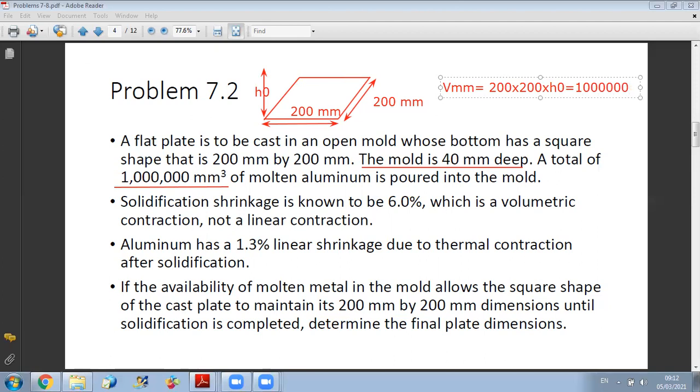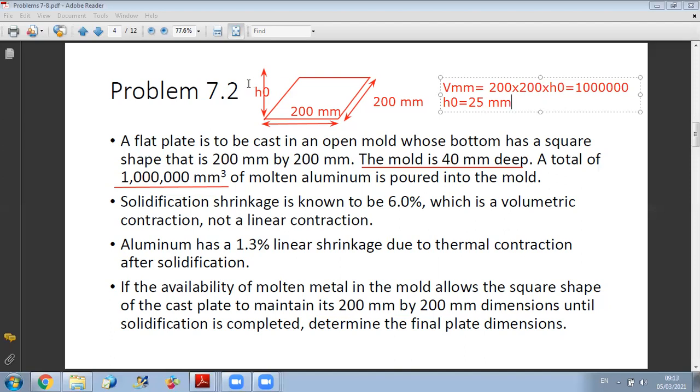From this equation, you can deduce that H0 will be 25 millimeters. As you can see, the volume of molten metal will not fill the mold completely, but just up to 25 millimeters. Now, this is the initial height.